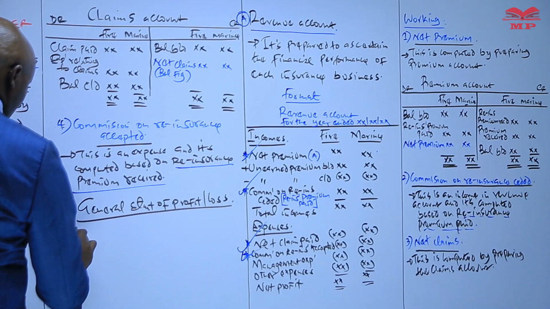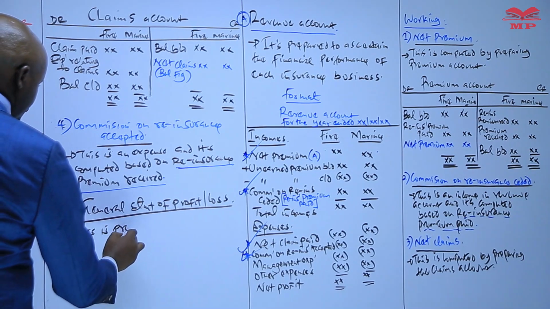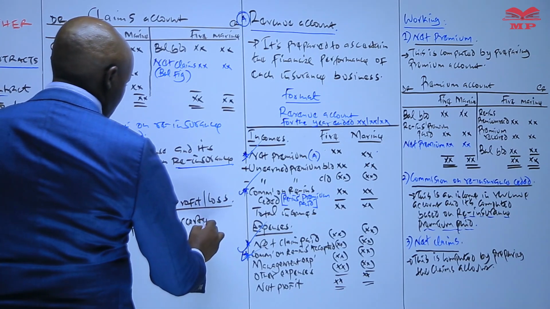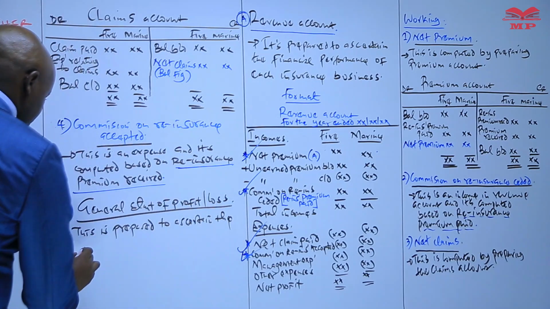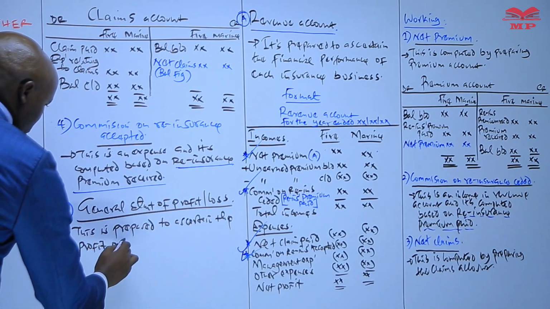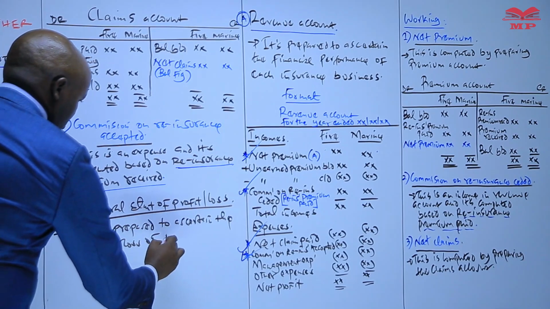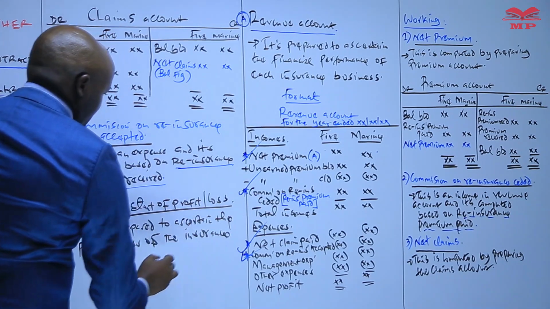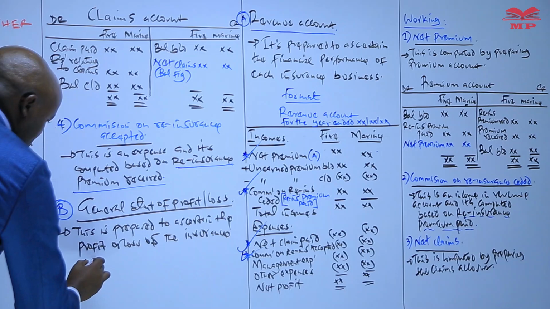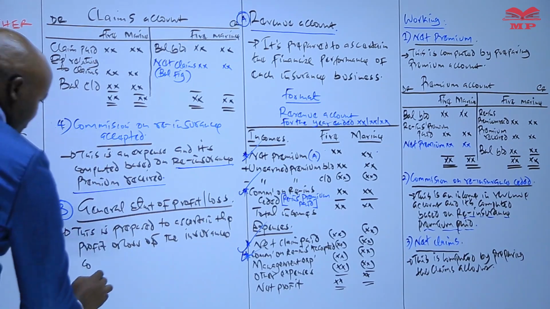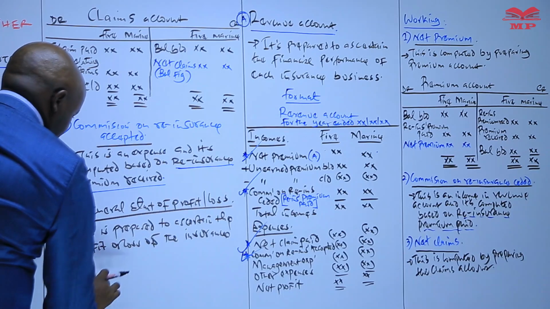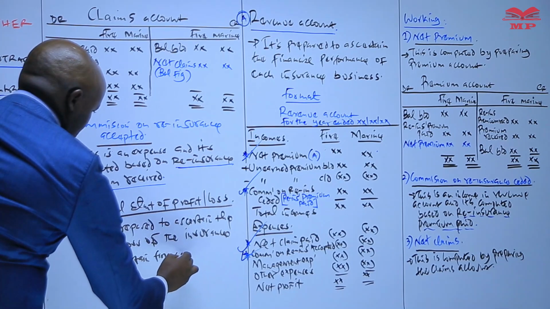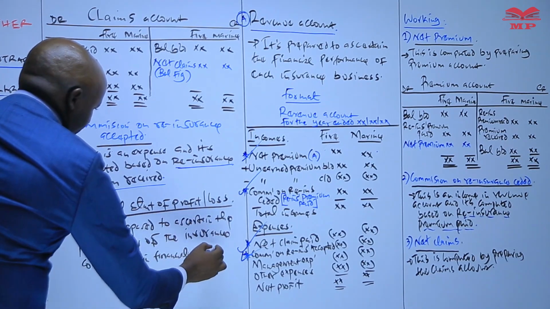So we can say that this is prepared to ascertain the profit or loss of the insurance company, not insurance business, but insurance company, in a certain financial year.